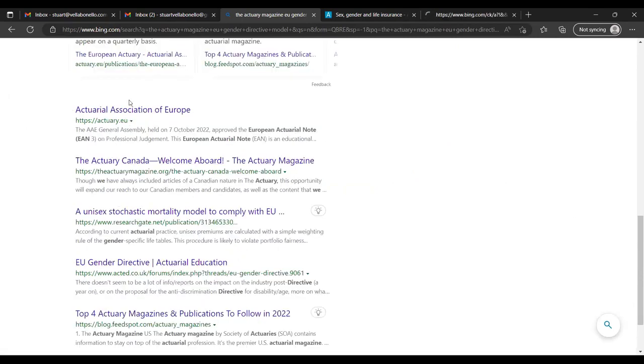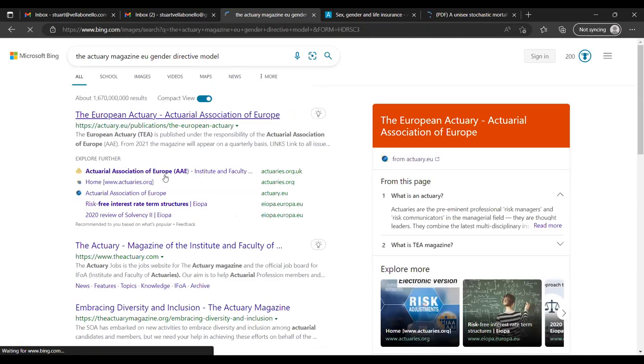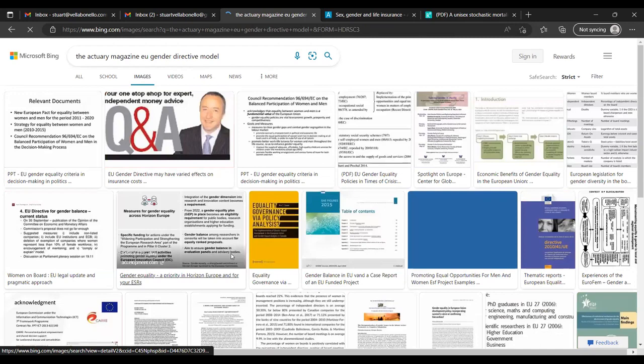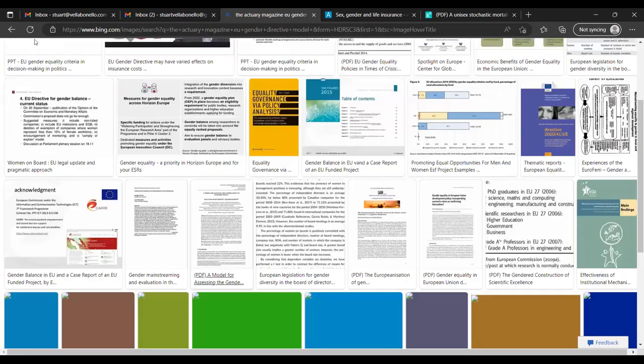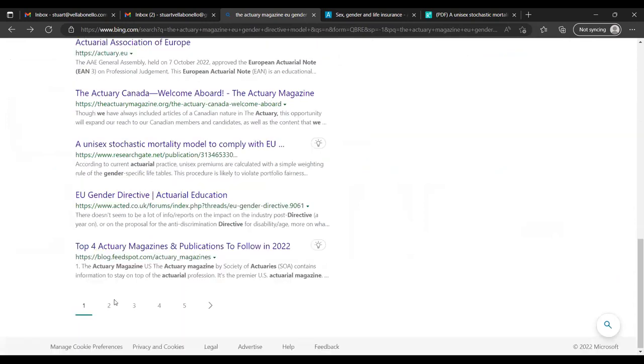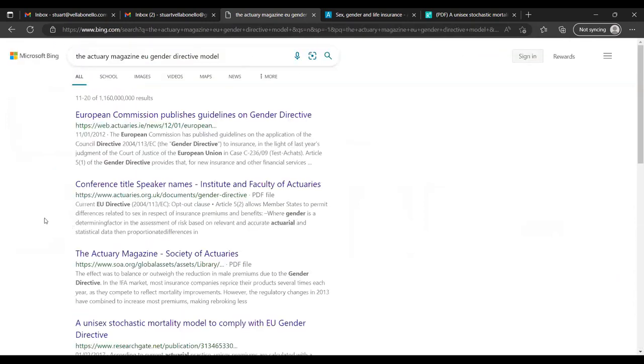I'm surprised it doesn't come up because this was, like I said, meant to be the feature. I think it was the feature article of that month. Now, is this my fault for not using Google?